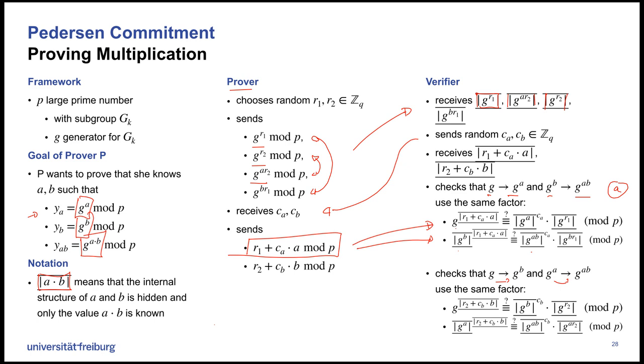Okay, so that now we are using this G to the A, where we have proof that this is somehow A times this factor, and we also know that this is somehow this factor A. So whatever factor we know here, which we call B, then this must be G to the AB. So that's the other approach, and for this we use the other challenge in order to prove this factor.